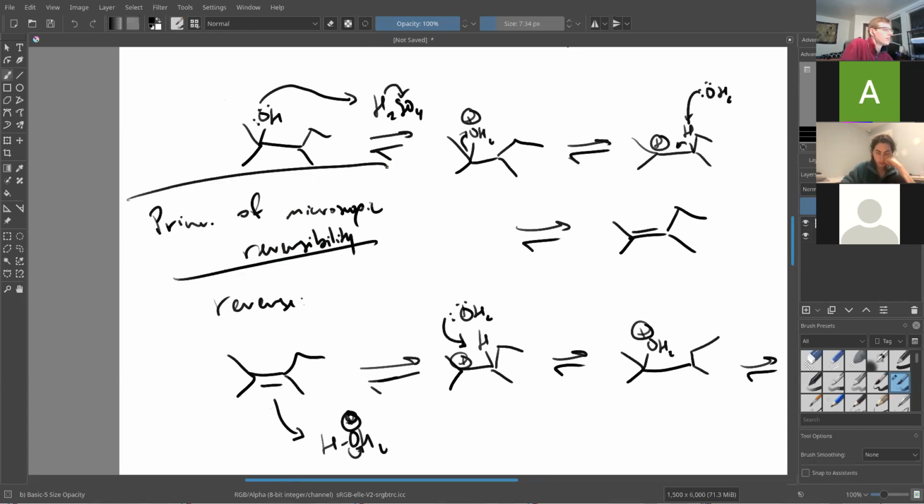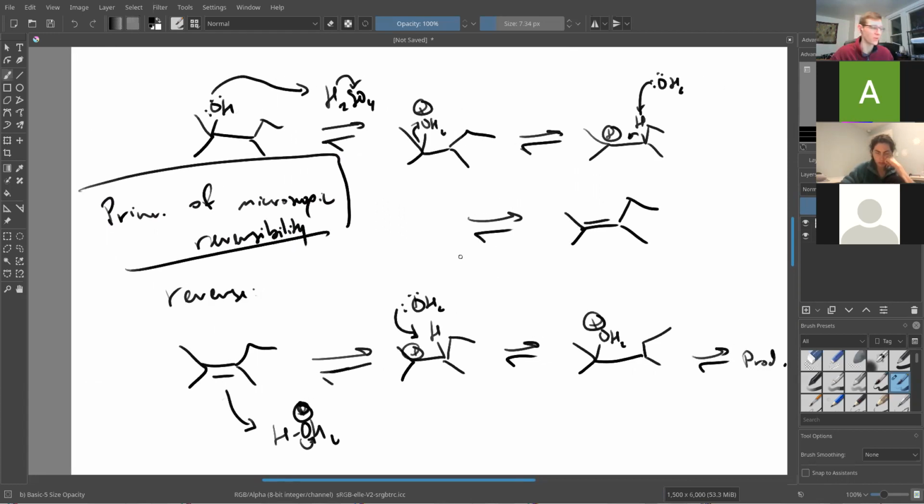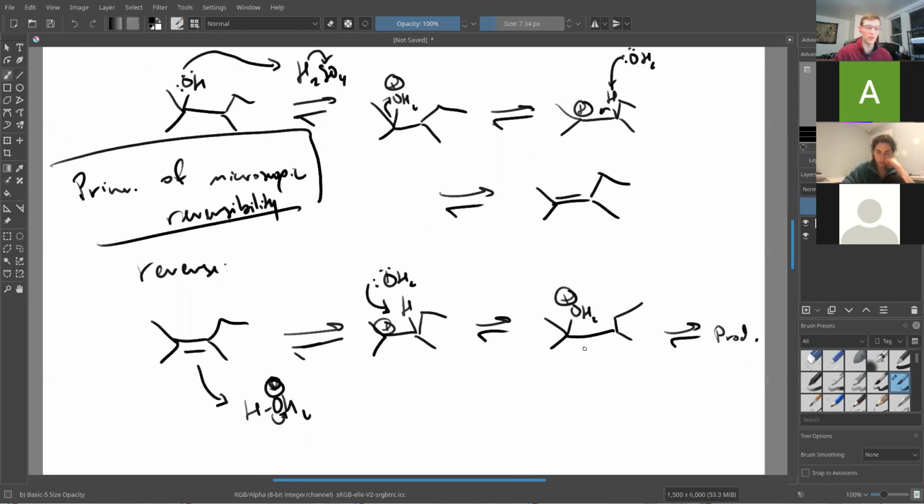It's not often that we get to say we really invoke the principle of microscopic reversibility, but this is one chance where we do. So the mechanism is the same going forwards as it is going backwards, and we can just flip them around. This is what that looks like.